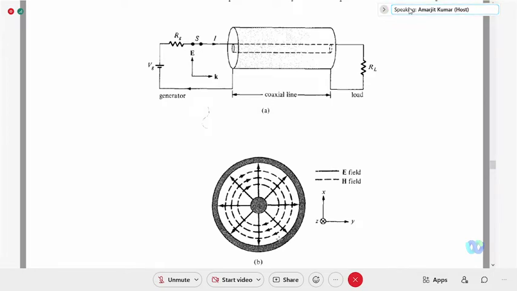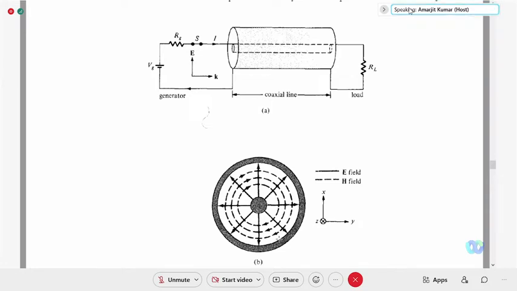We have two methods to do the analysis at high frequency. The first is electrical circuit theory, which you know. The other is electromagnetic field theory. If a transverse electromagnetic wave is propagating, we do not have longitudinal components of the electric and magnetic field along the direction of wave travel.